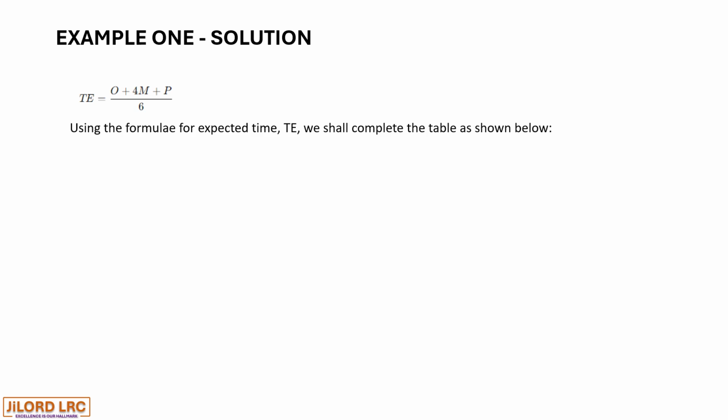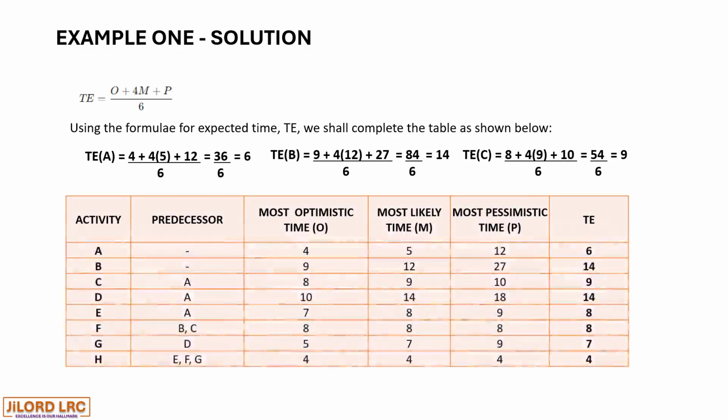Using the formula for expected time TE, we shall complete the table as shown below. Now, we have a new column, which is the expected time. How do we get the values to fill the column for the expected time?